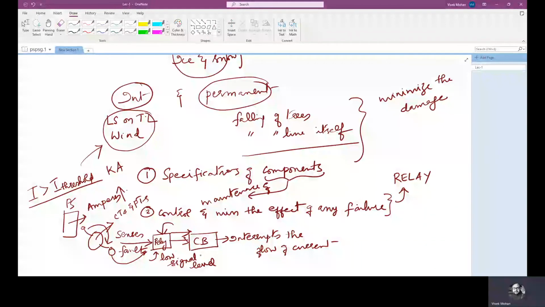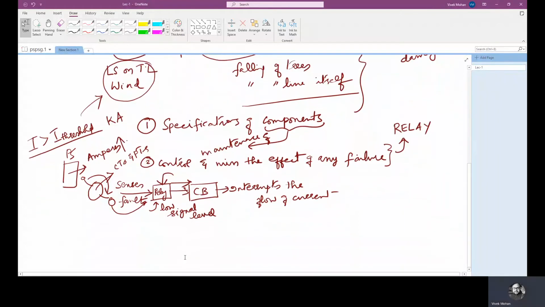And the second one is that the quick response of the relay minimizes the seriousness and duration of the fault's interference in normal operation of the unfaulted components. Because if it happens for a prolonged period, as I already told you, this may lead to spreading of the fault, spreading of the damage. So to avoid that, quick response is required.